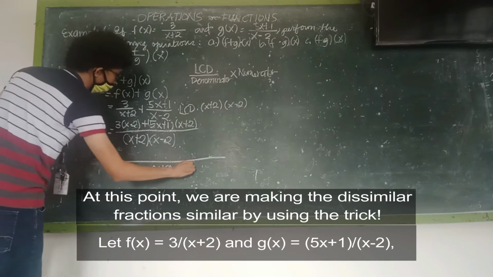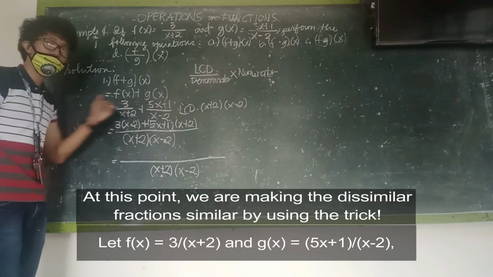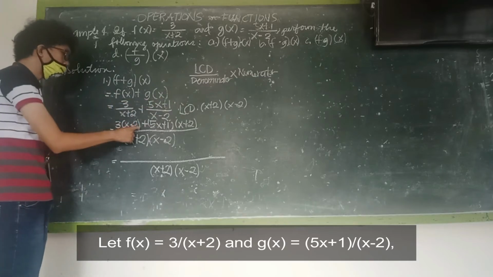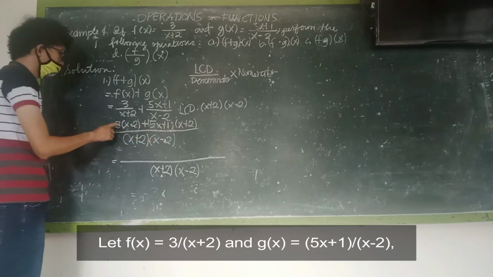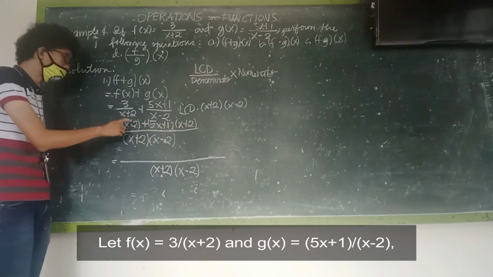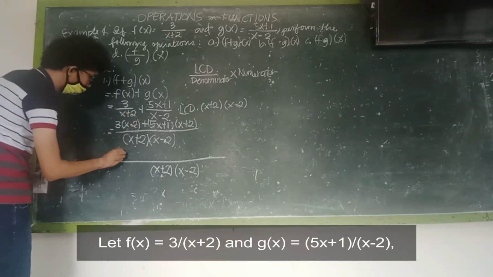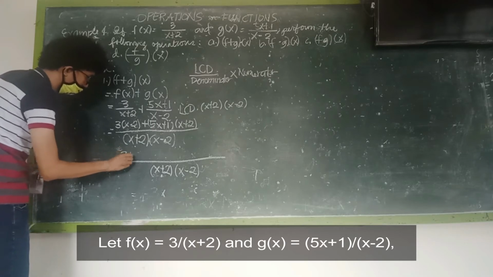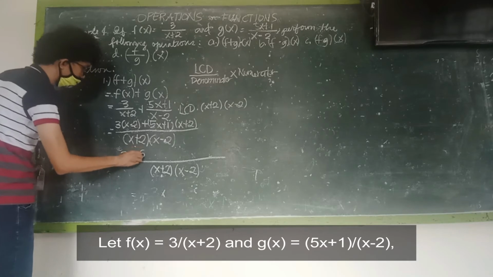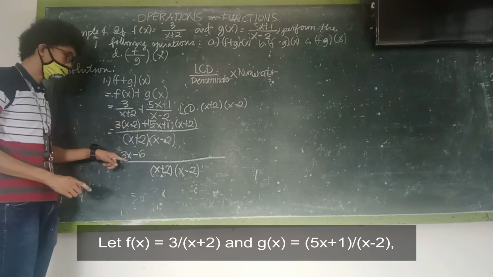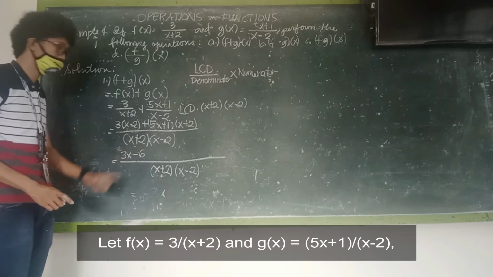x minus 2. We will perform first the operations in the numerator. So ito, i-distribute natin ito, then ito, we will use the FOIL method. So 3, i-distribute natin sa x, at saka yung 3, i-distribute natin sa negative 2. We have 3x minus 6. Kasi 3 times x is 3x, and 3 times negative 2 is negative 6.